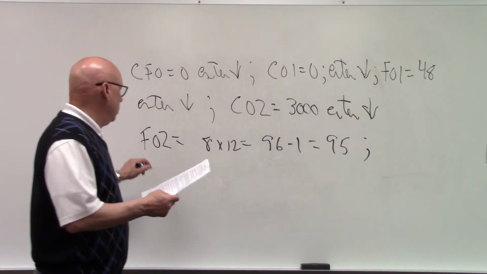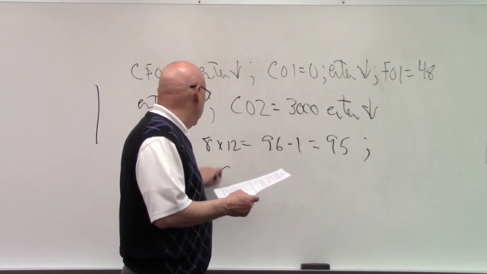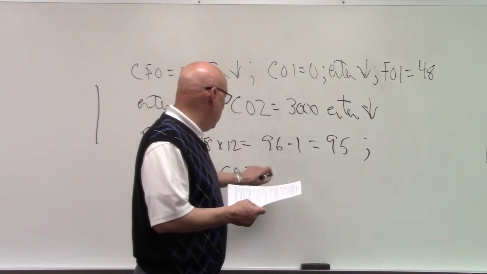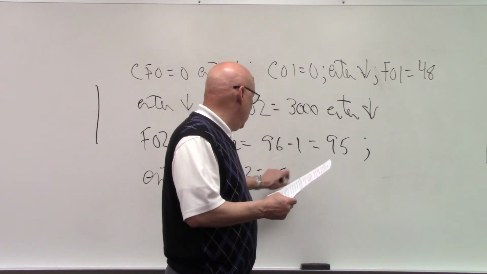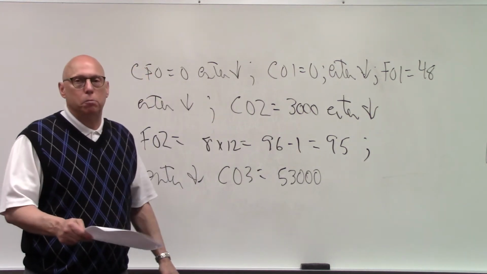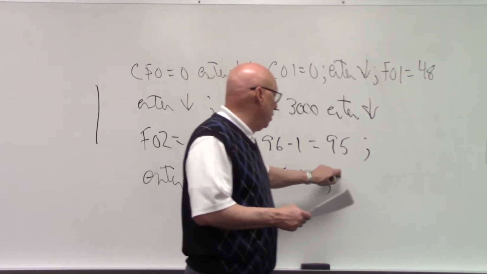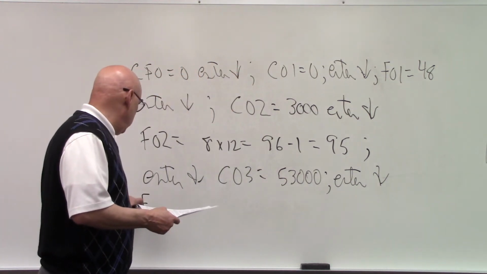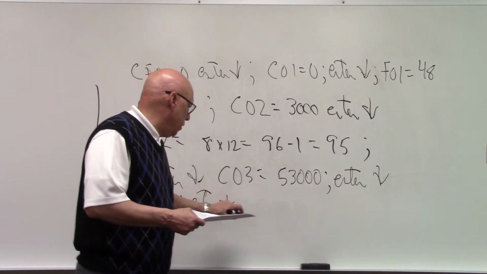And then enter, down arrow, and you get CO3, which is C96, equals 50,000 plus 3,000, 53,000. Remember, you're going to get 50,000 plus 3,000 in that last month, that 96th month. So 53,000, enter, down arrow, and FO3 equals 1, enter, down arrow.